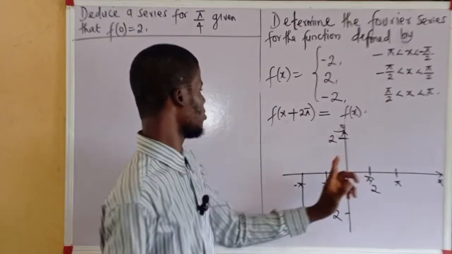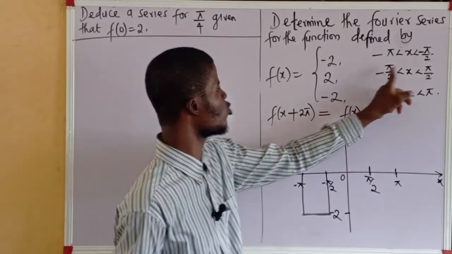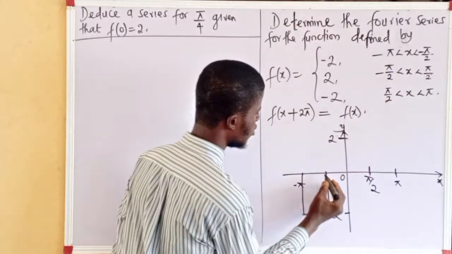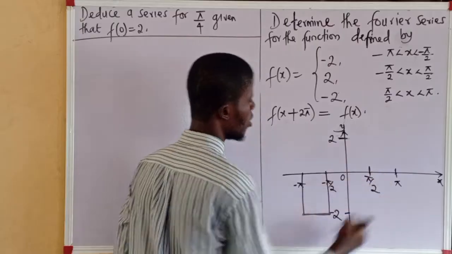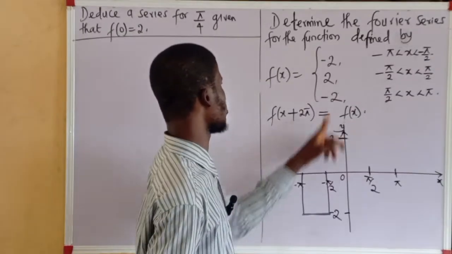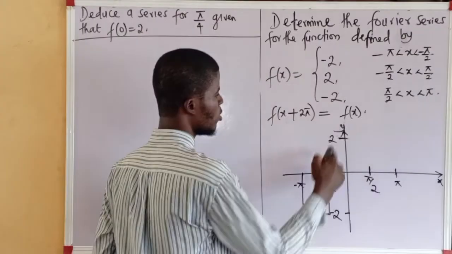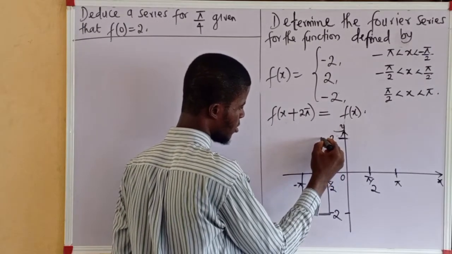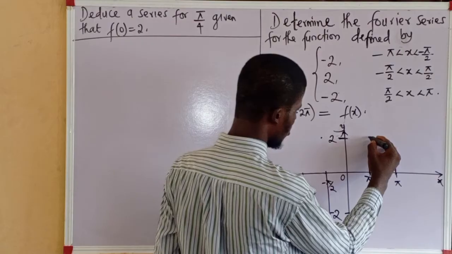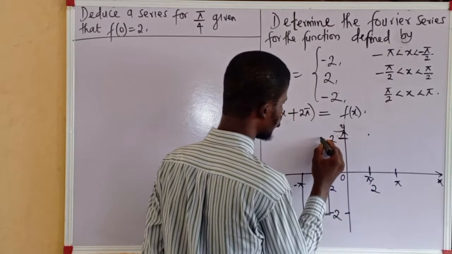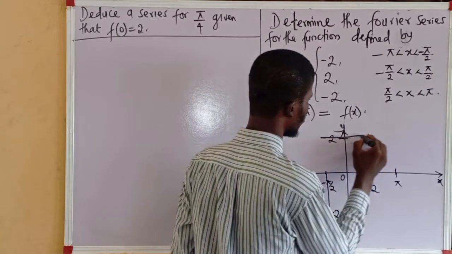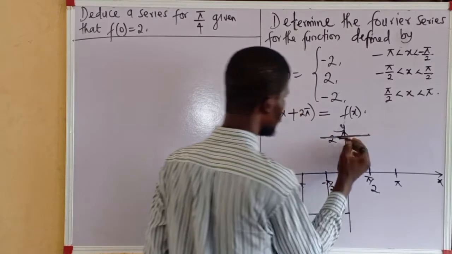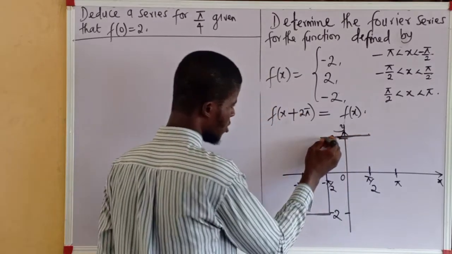Then between minus pi over 2 and pi over 2, what is f of x? f of x is equal to 2. So this is where 2 is. Let's mark it, from here down to this point. It is 2, so we can trace it down.